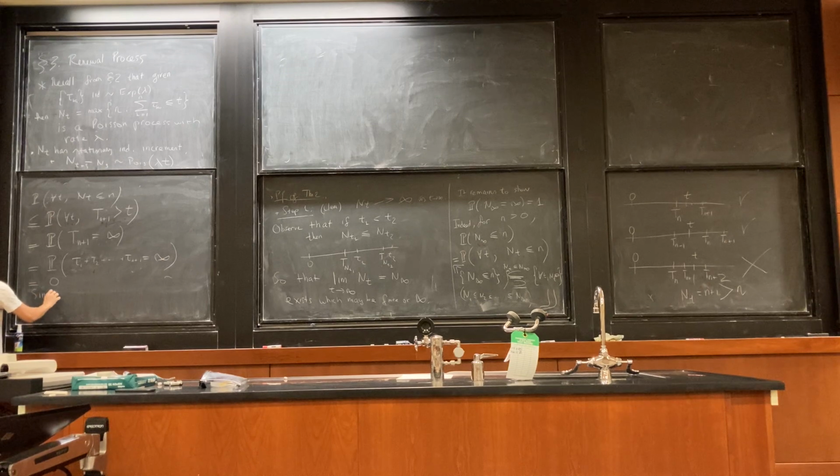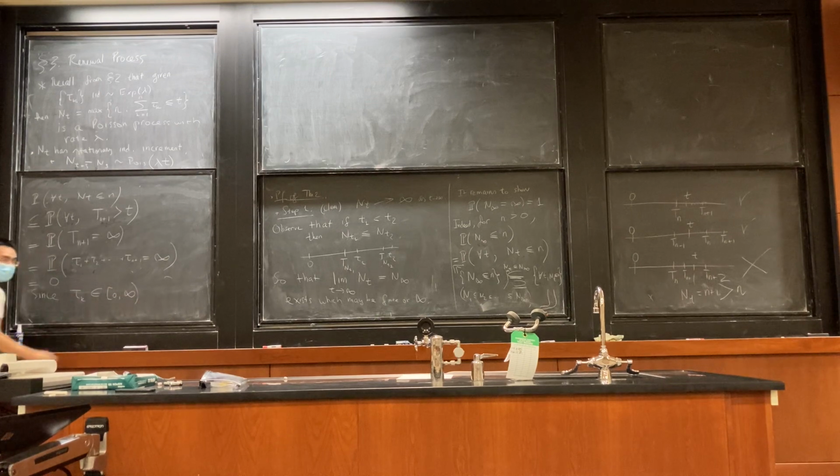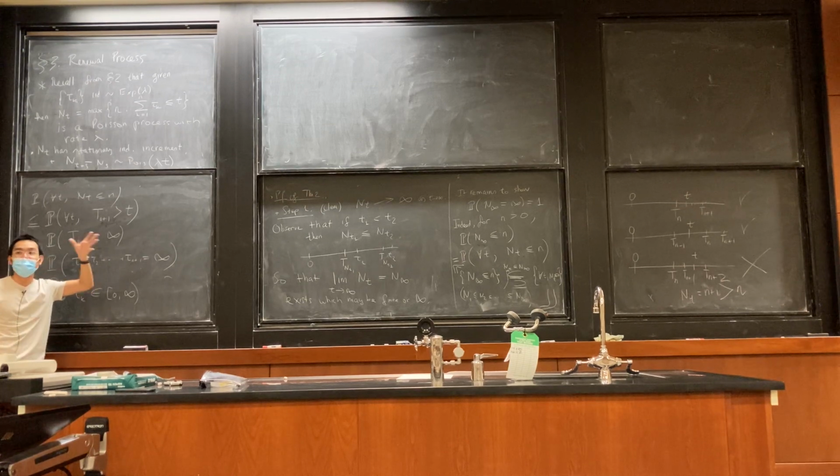This is because we already have tau_k belongs to [0, infinity), excluding infinity. And so I have a finite sum of finite numbers, and so it cannot be infinite. If I had an infinite sum, then it could be infinite, probably.